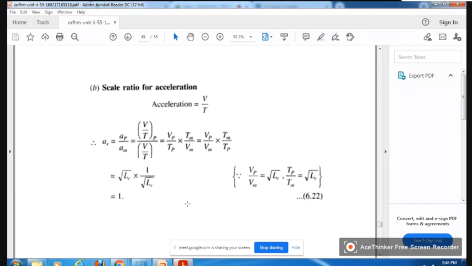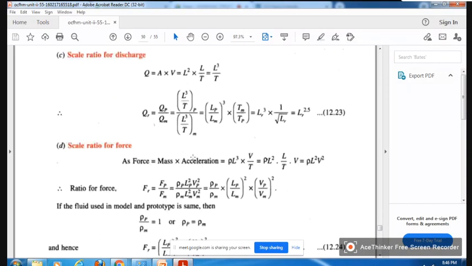For acceleration, it is 1 only. Acceleration of prototype by acceleration of model is equal to 1, AR is equal to 1. Simply substitute V by T for Ap and Am.